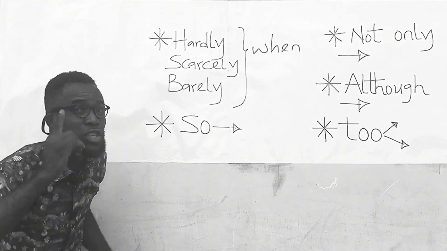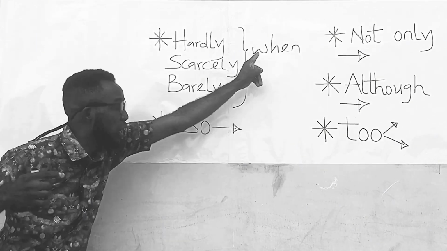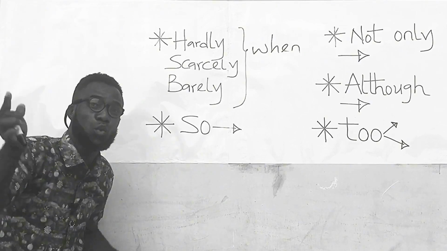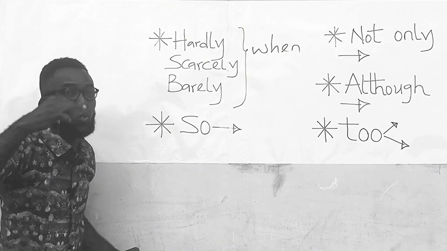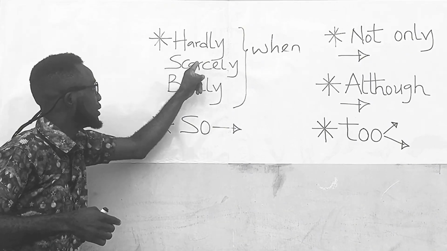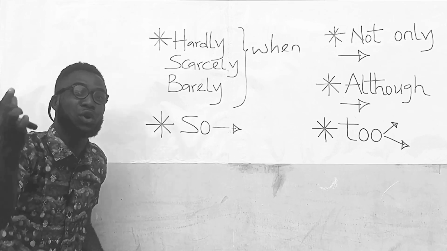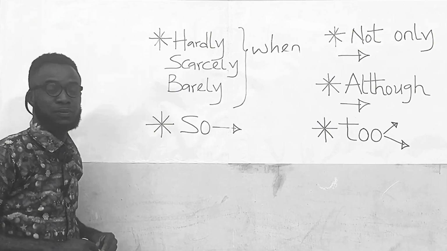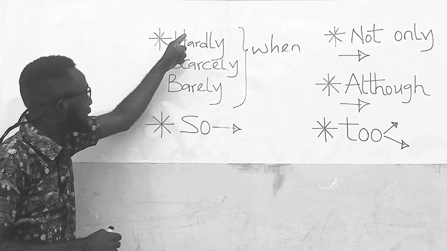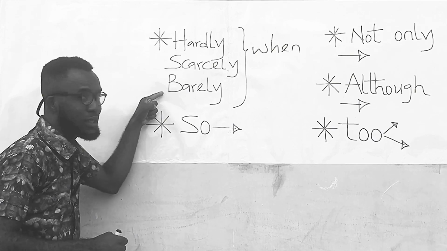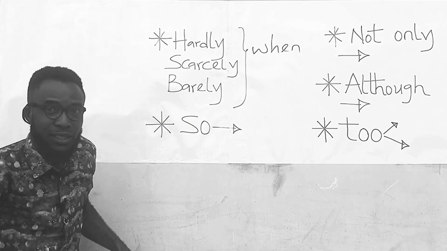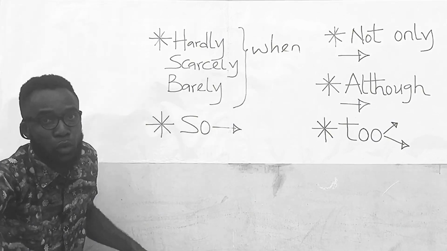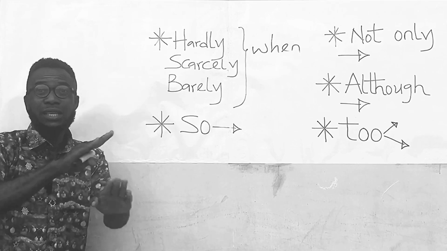Also, if a question contains the word when, then the gap in the question should be filled with the word hardly, scarcely, or barely, depending on the one used in the options. For example, hardly, scarcely, or barely had the program started when the lights went off. I believe that is understood.